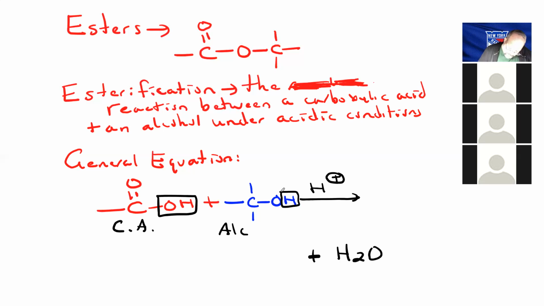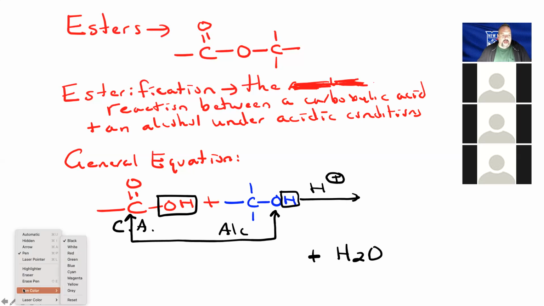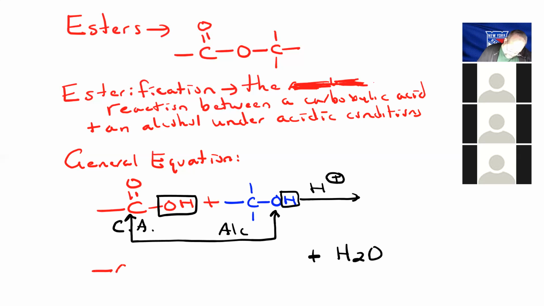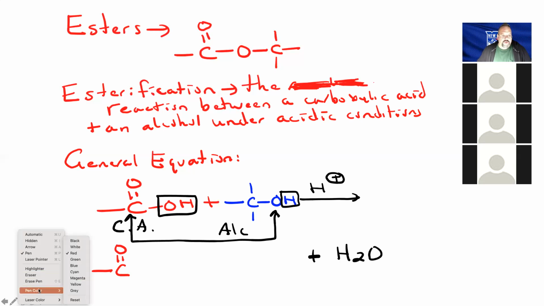The OH and the H essentially combine to give you water. The bond formation that you're going to get is a bond between the C double bond O carbon of the carboxylic acid to the alcohol oxygen. Now, the way that I like to draw the product is I like to start with the carboxylic acid portion first. And everything stays the same until you get to the C double bond O carbon of the carboxylic acid.